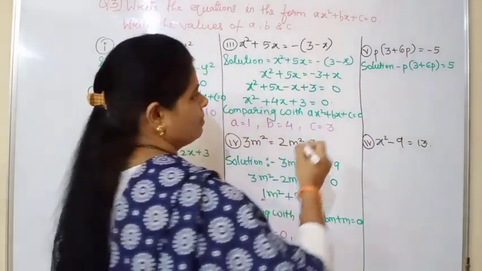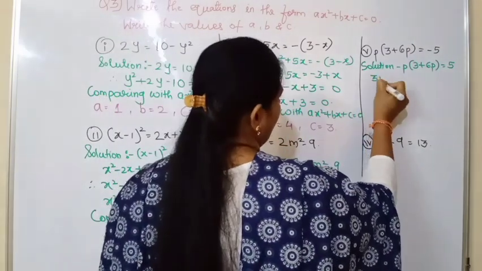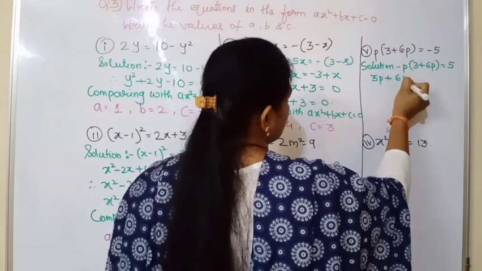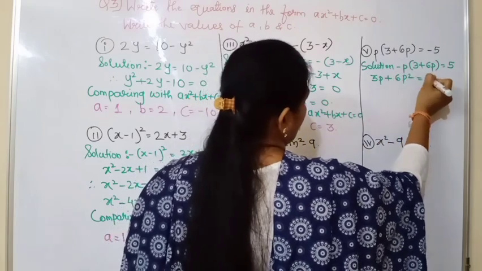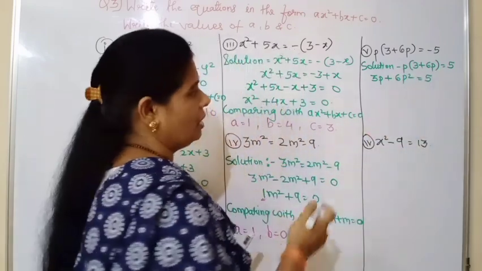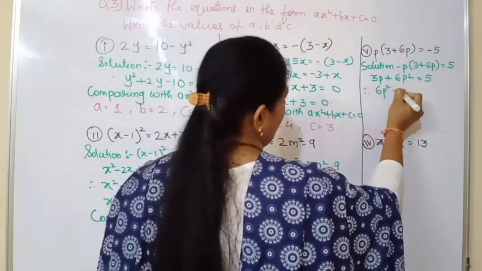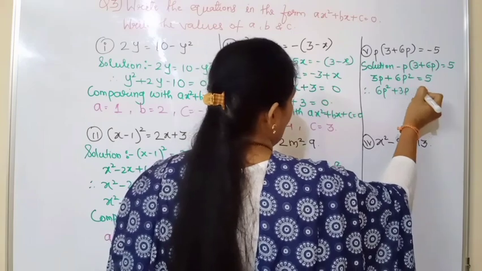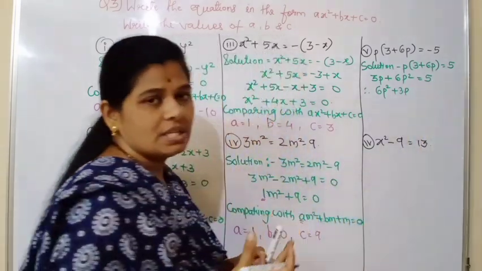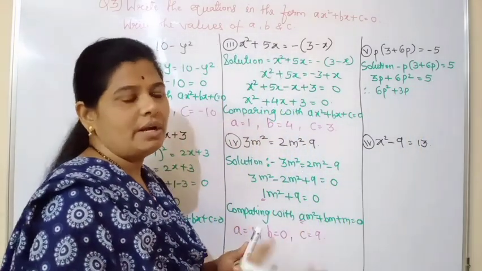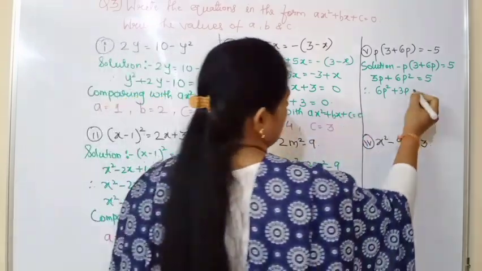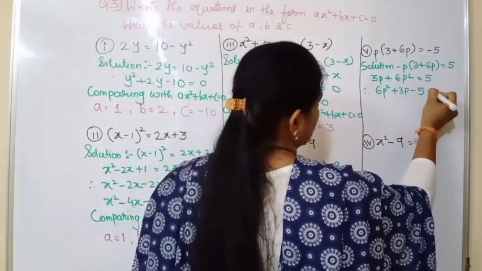Now we'll solve this bracket. After solving we get 3p plus 6p square equal to 5. Now arrange the equation. After arranging we will get 6p square plus 3p, and this 5 which is towards the right hand side will shift towards the LHS and it will become minus.